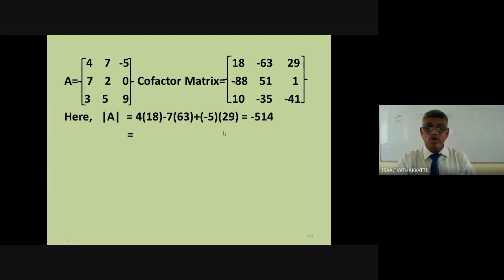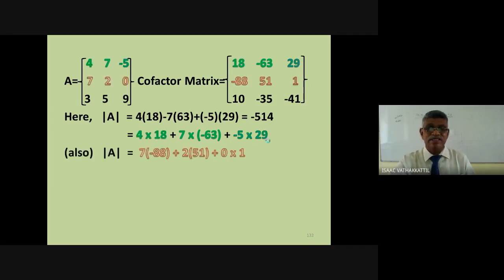Now we are going to show this is nothing but the sum of the product of elements of the first row with their own cofactors. 4, its cofactor 18 multiply, plus 7, its cofactor minus 63 multiply, further minus 5 multiplied with 29, and you get the same.